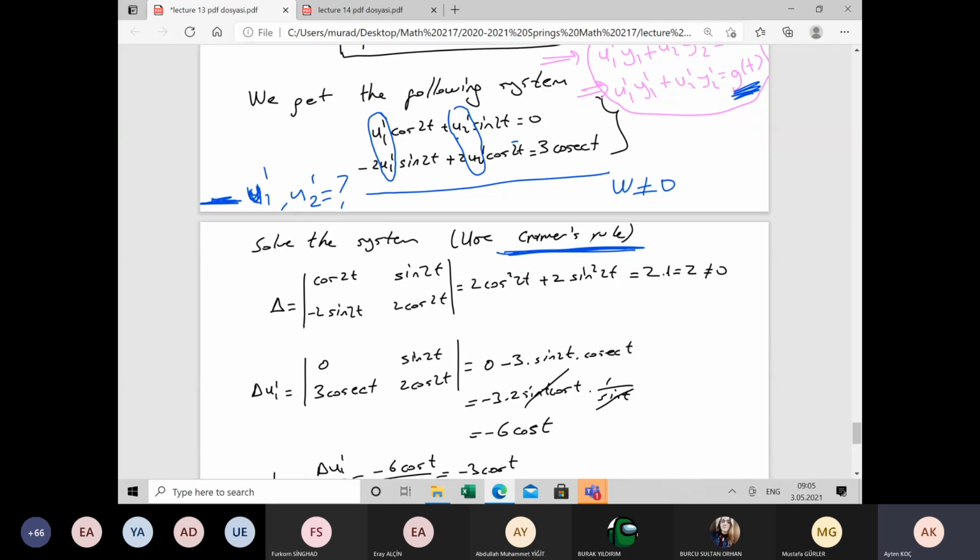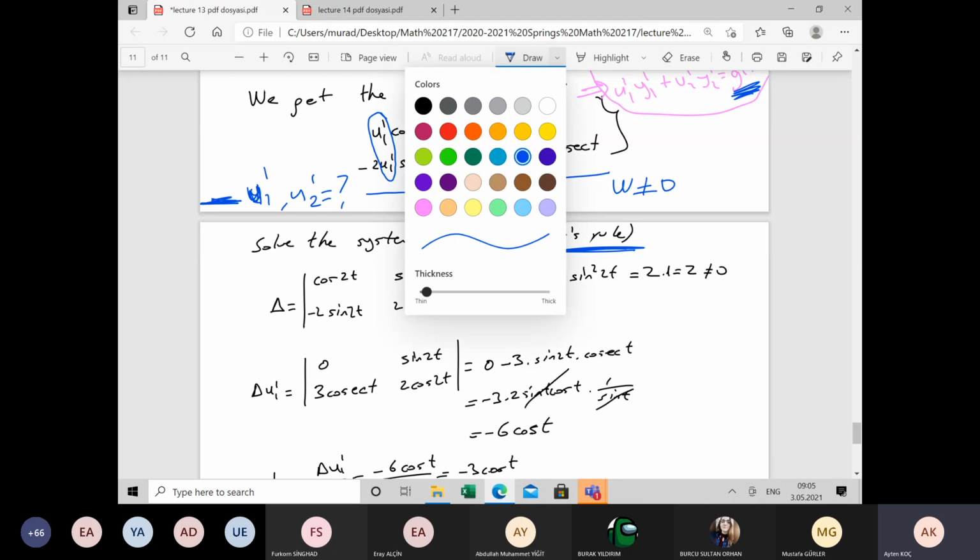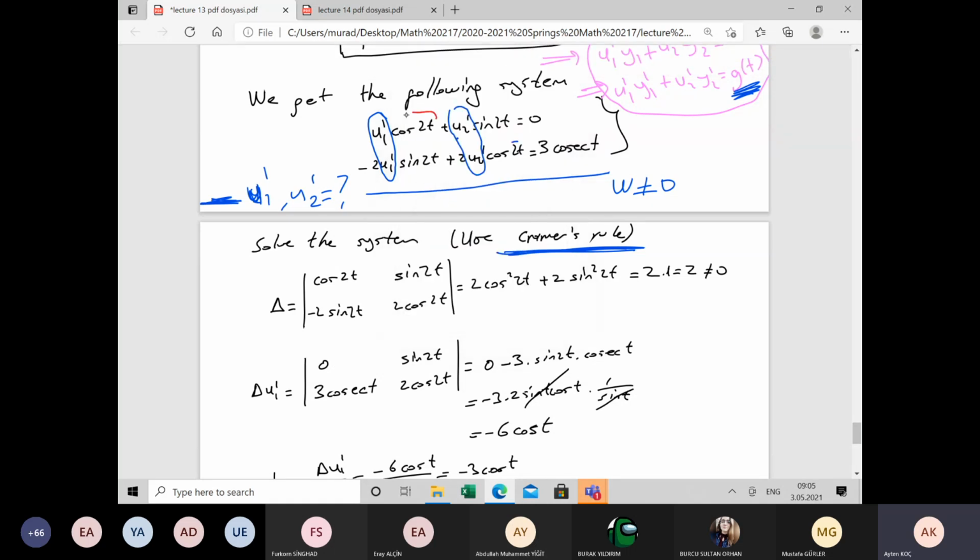So write the coefficient matrix: cosine 2t, sine 2t, minus 2 sine 2t, 2 cosine 2t. This is the coefficient matrix of the system. Find the determinant delta of the coefficient matrix: 2 times cosine square 2t plus 2 sine square 2t.